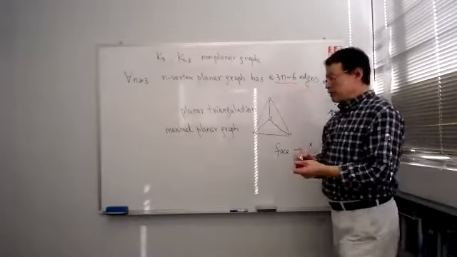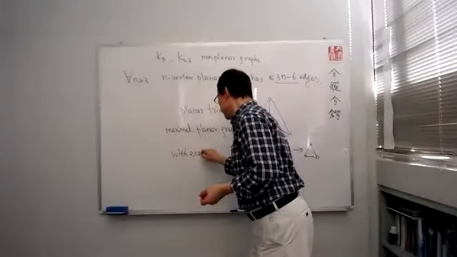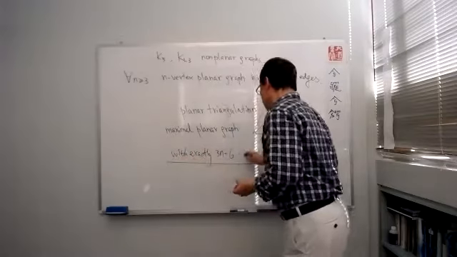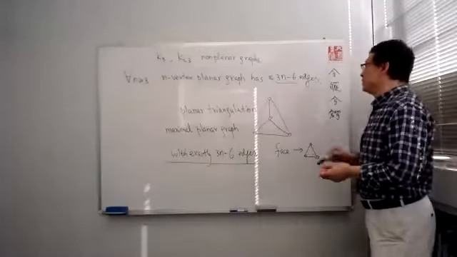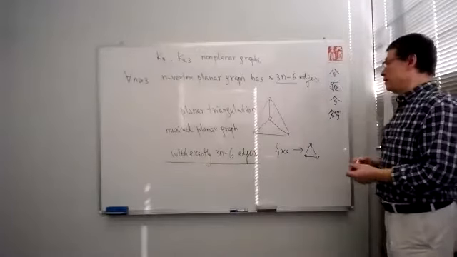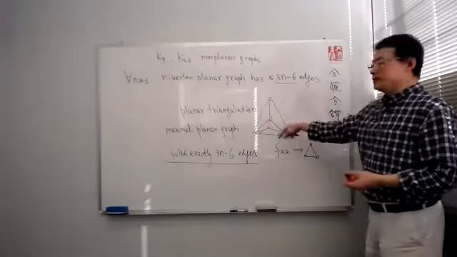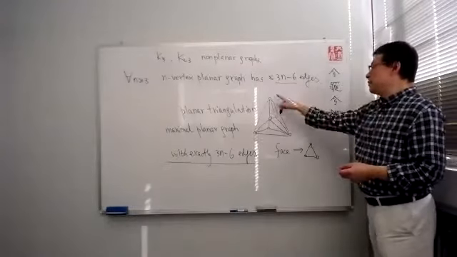So that refers to a planar graph with exactly this many edges. That's the extreme case. The maximum number of edges it can contain is this many. All right. So here, if I do this, this one is also a planar triangulation. I can triangulate, so it contains the maximum number of edges.